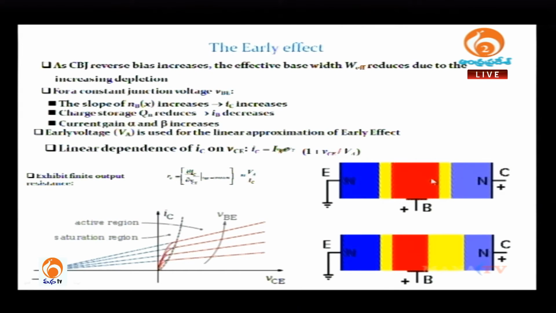When the effective width of the base decreases, the time of stay of carriers injected from the emitter into the base reduces, and less recombination takes place. For example, earlier when 100 holes were injected into the base, 5 holes were getting recombined with electrons.